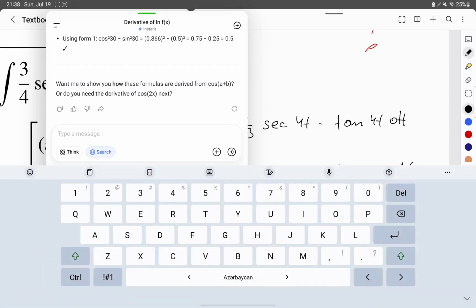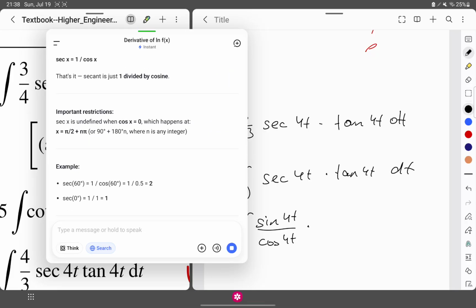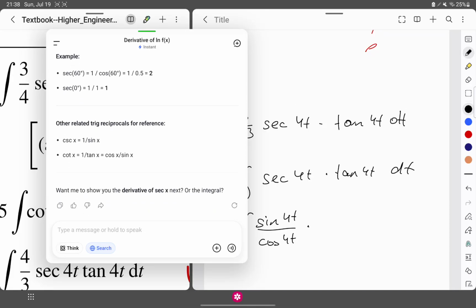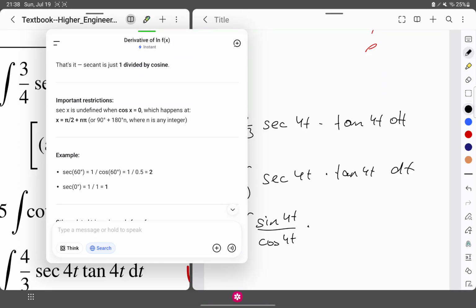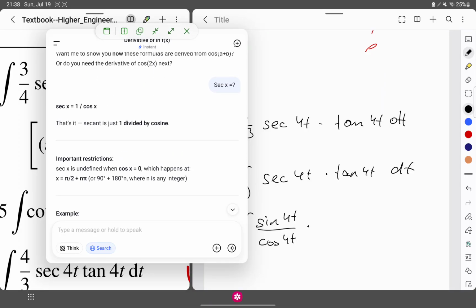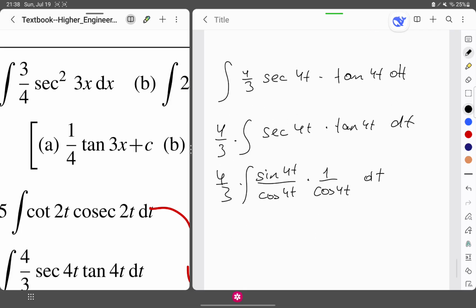Okay, what is secant x equal to? Secant. Cosecant, not secant. 1 over cosine x. Okay, 1 over cosine 4t dt.